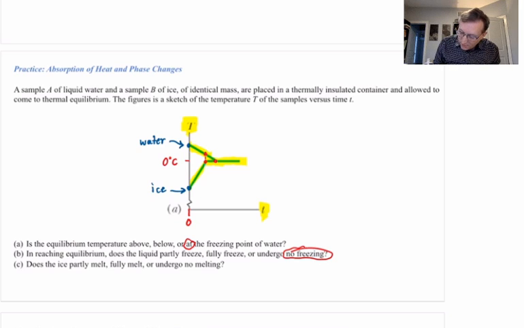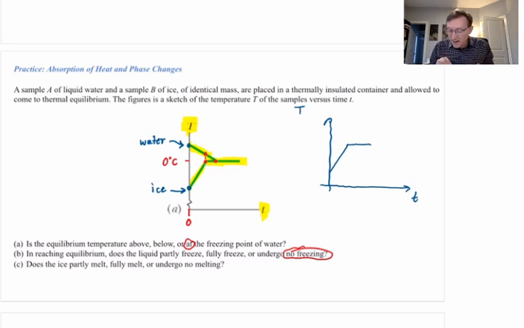Let me try to sketch it over here to the side. Temperature versus time. Let's just do the ice part. Goes up in the ice phase, undergoes the phase change, so there's no temperature change. And if it had fully melted, completed its phase change, and there was still some warm water, its temperature would start to go up again.